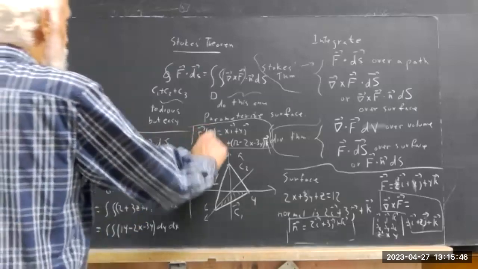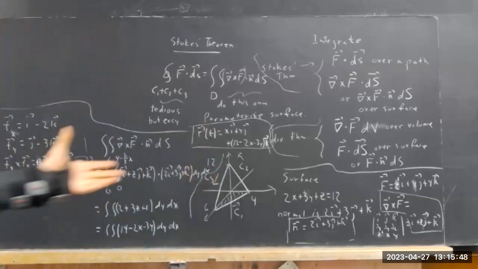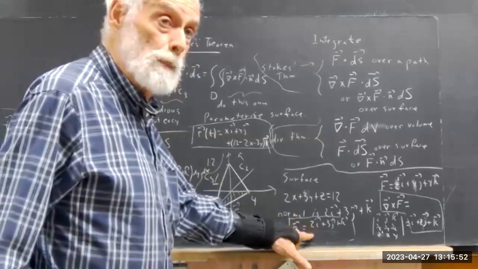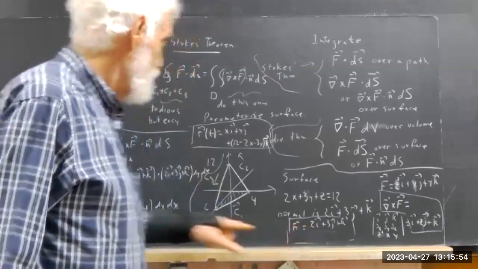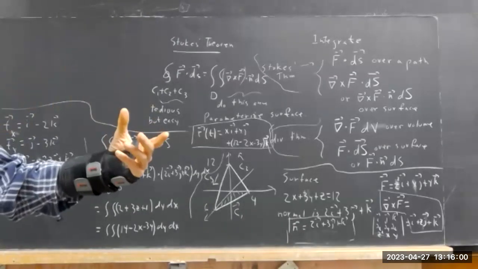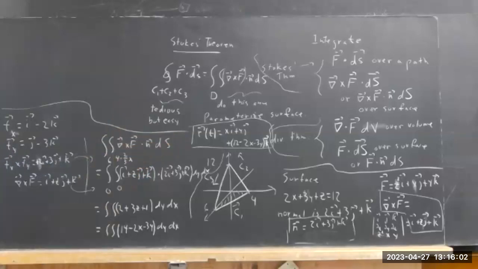So, okay, that's the process. I could have used this normal as well as this one, but this shows you a little bit more about that Tu cross Tv thing. Hopefully you picked that up well when you did the surface area.